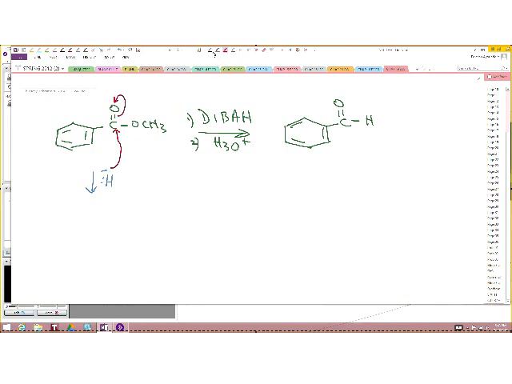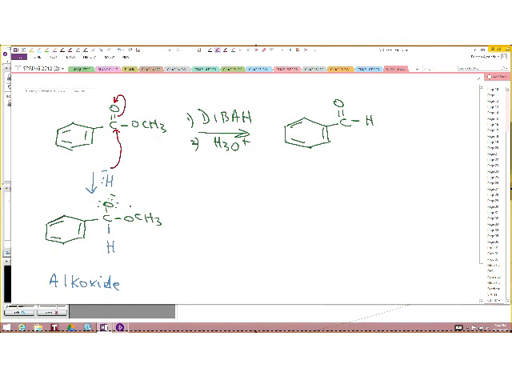So we form this alkoxide intermediate with the negative charge on oxygen.